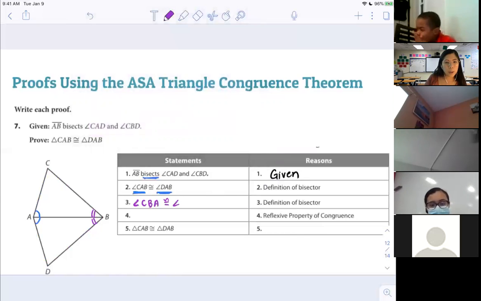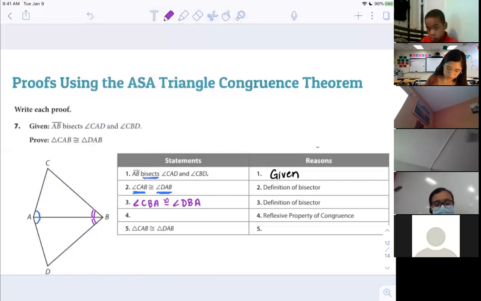Finish that statement. Make sure that you match everything up. So CBA is congruent to, not quite. DBA, there you go. Because the B has to be in the middle.